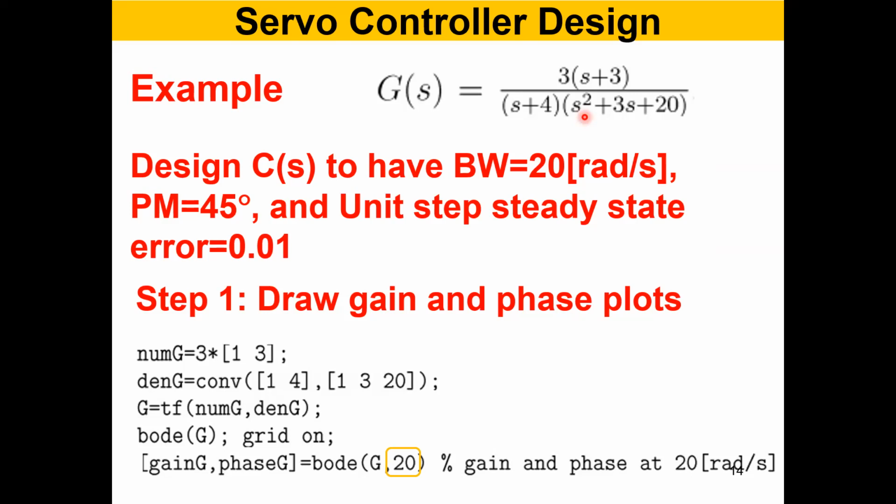The definition of bandwidth is, right, at what point it is going to have unity magnitude. So we are assuming that it has more than unity magnitude for low frequencies. But as you increase the frequency, the gain drops, magnitude drops. And at what point does the magnitude drop to unity or 0 dB?